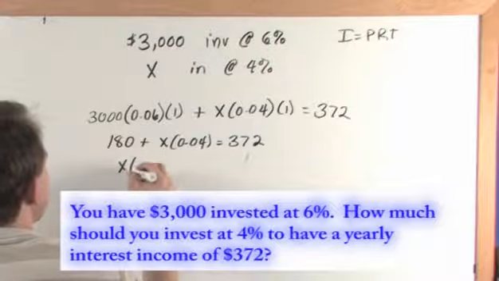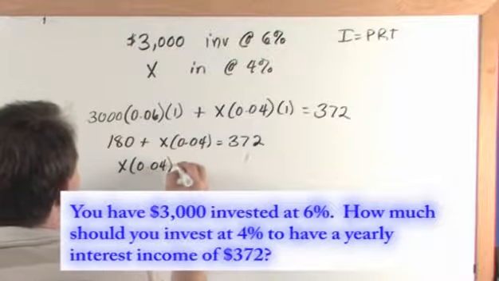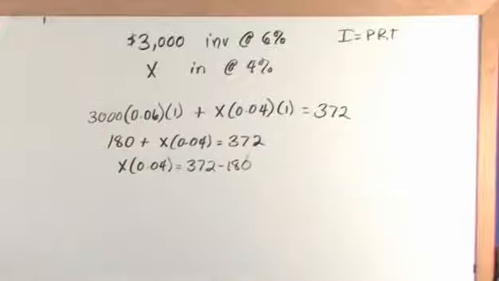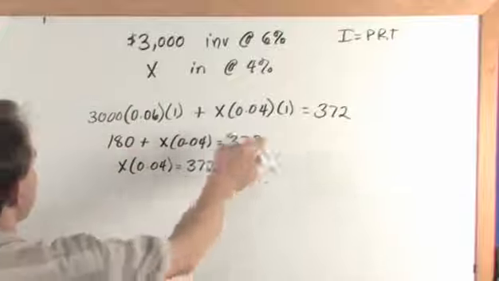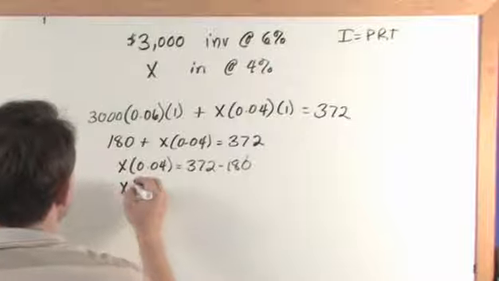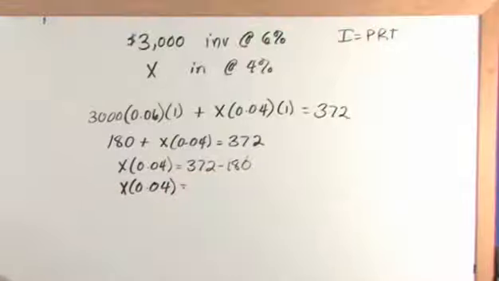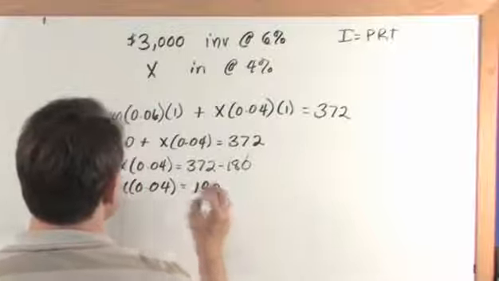So I'm going to be left with X times 0.04 is equal to 372 minus 180. It disappears from the left because I'm subtracting it from both sides. And so you're going to be left with 192.